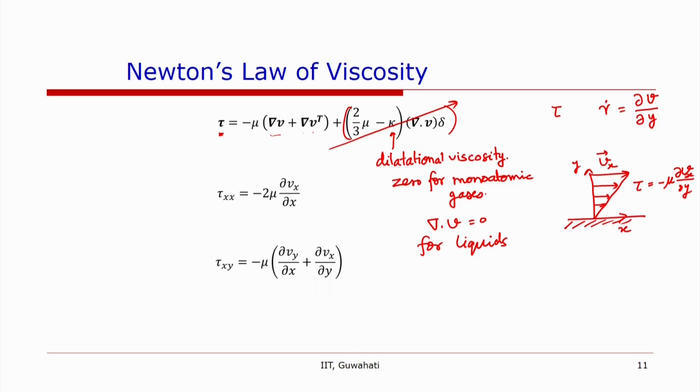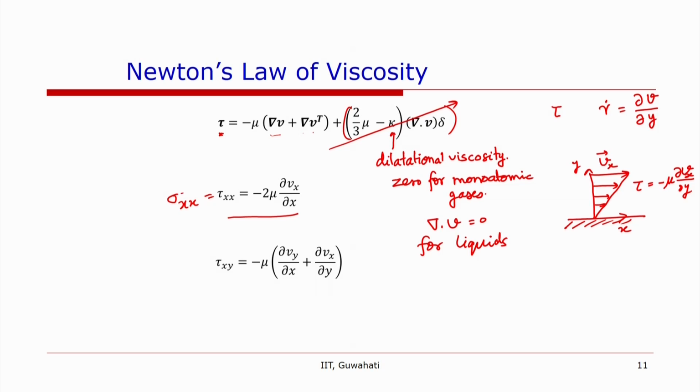Looking at some components of stresses, if you want to say this as the normal stress term, then sigma xx is equal to minus 2 mu del Vx over del x, and tau xy is equal to minus mu times del Vy over del x plus del Vx over del y. What I would like to bring to your attention here is that the viscous stresses can be normal stress also.